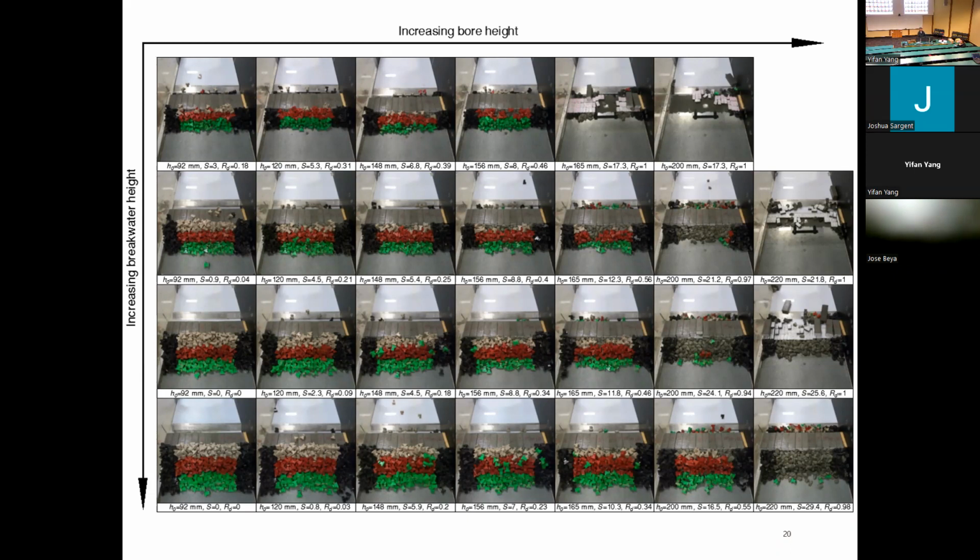In this case, the interlocking is a random layout of the armor layer, because in the Napier Port case, it's randomly placed.